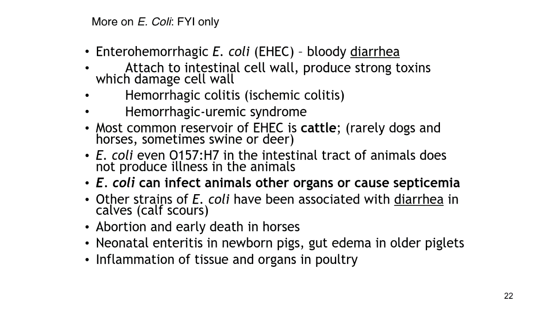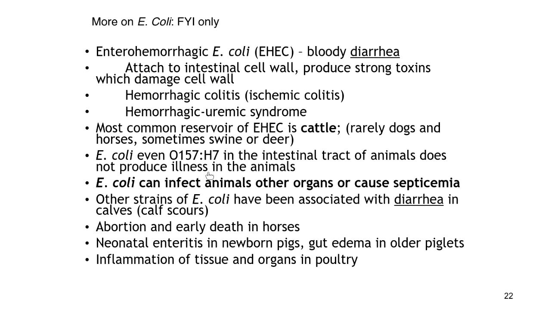And more about E. coli. You notice there's more words about bloody diarrhea, hemorrhagic colitis, hemolytic uremic syndrome. Most common reservoir for enterohemorrhagic E. coli is cattle, rarely dogs and horses, sometimes a deer.